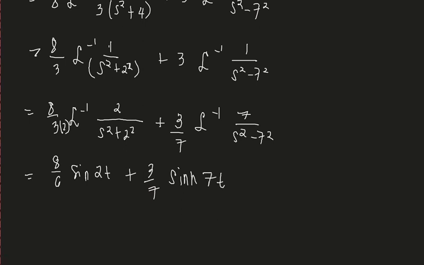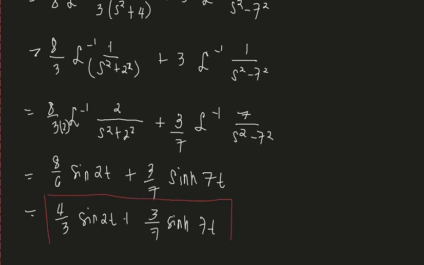So this automatically be aton nga final answer. So hindi pa gali final na answer, pwede pa kita maka-reduce in lowest terms. So this will be equal to 4 all over 3 sine 2t plus 3 all over 7 sine 7t. So this now will be aton nga final answer.